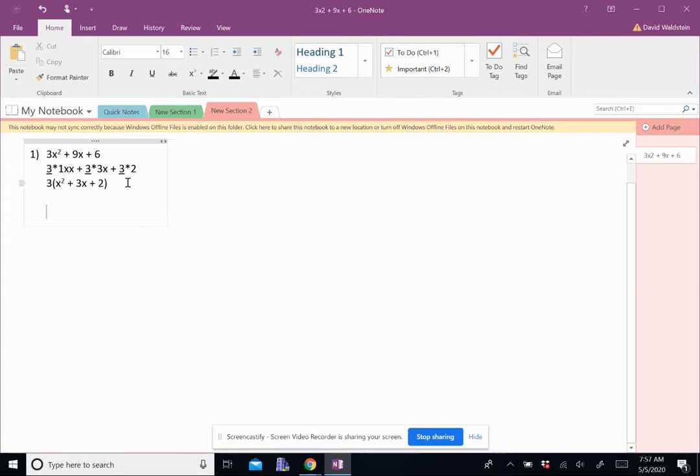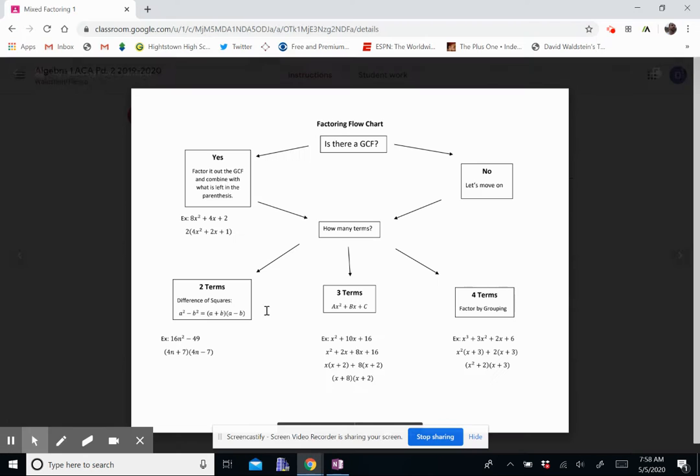Just don't forget to put it back later. And I'm just going to deal with the x squared plus 3x plus 2. So let's look again at our flow chart.